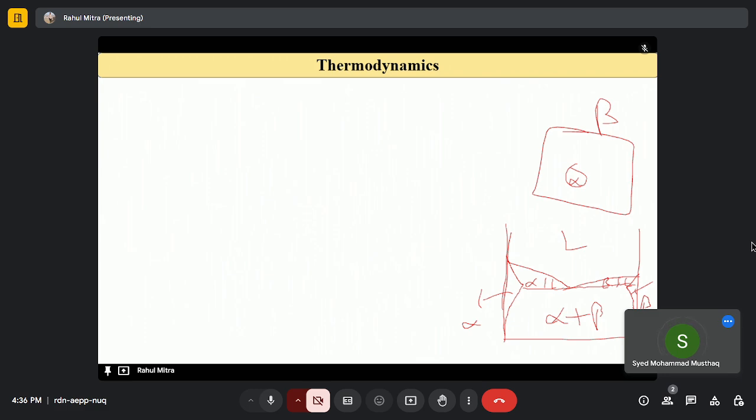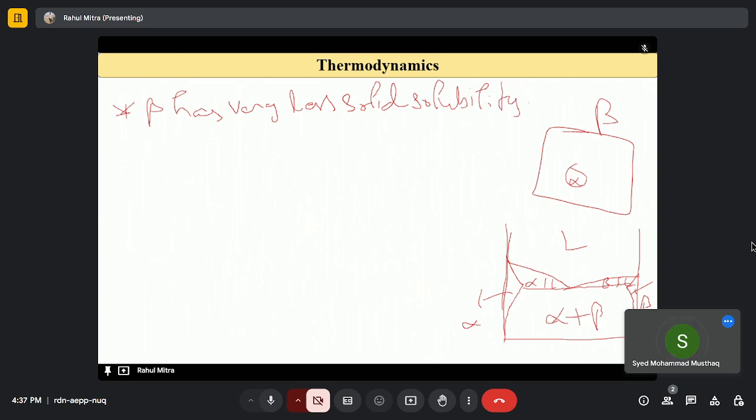So now let's assume the beta has very much less solid solubility. For example, beta has very little solid solubility.